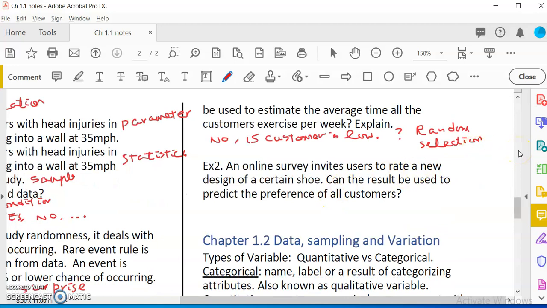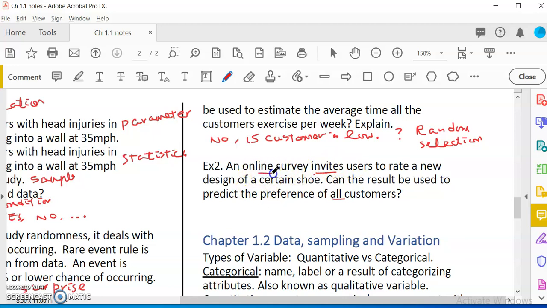The second one, an online survey invites users to rate a new design of a certain shoe. They want to check if a particular shoe is appealing to customers, so they invite users to rate it. Can the result be used to predict the preference of all customers? Again, they're using a sample to predict. They want to make sure that the people who actually do the survey are representative.